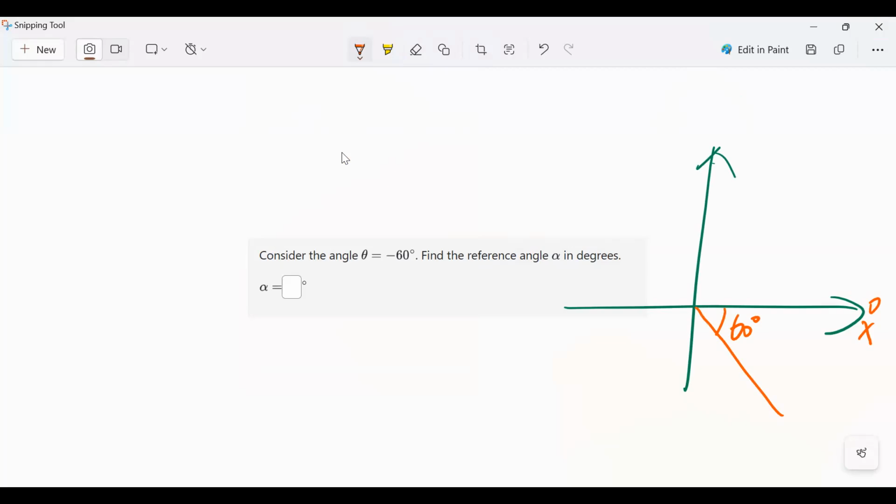So although it's minus 60 because it's rotating clockwise, in terms of the reference angle, the reference angle is always positive.